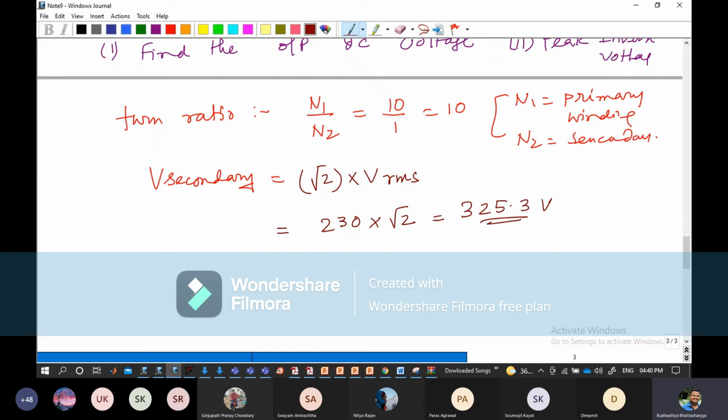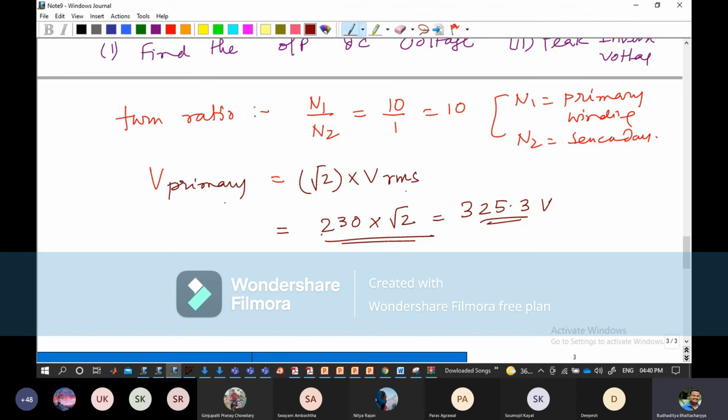The same logic I told you, that whenever we are using a transformer, the voltage across it will be the square root of 2 times the RMS value. So that is the voltage across the supply that we are getting. Sorry, this is the primary voltage. I'm very sorry. This is the primary voltage we are getting.